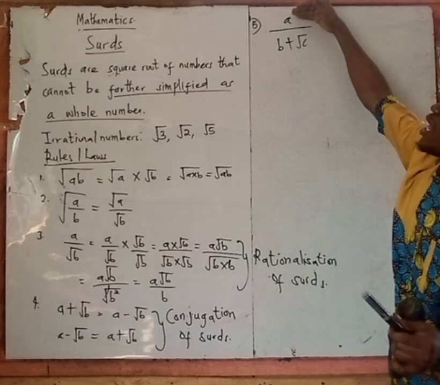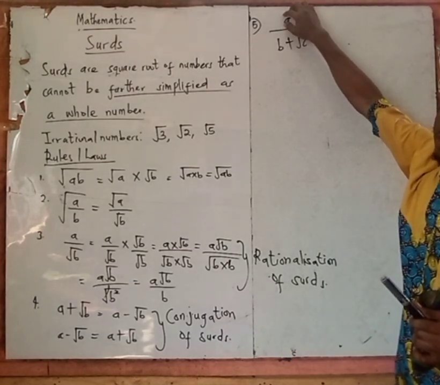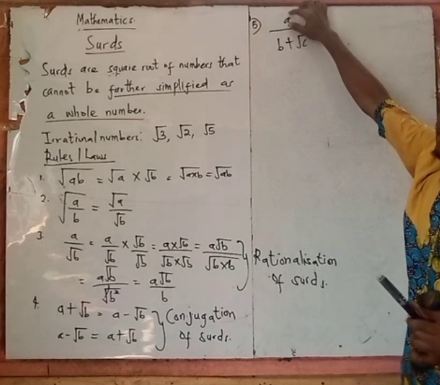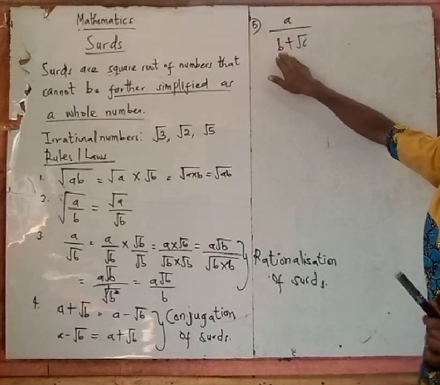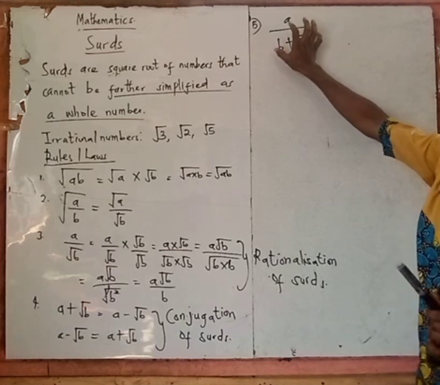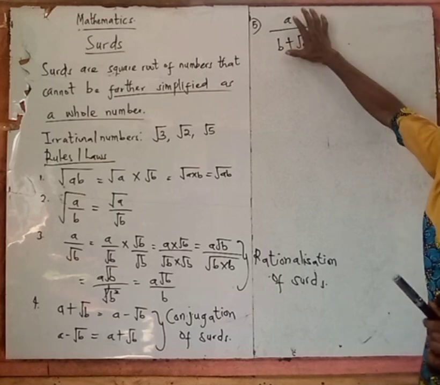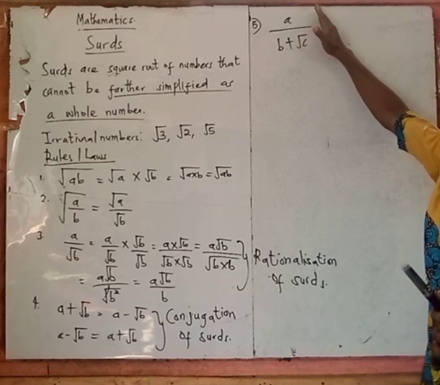In this case, the denominator you have is not even a form of the surd. It's just a normal, simple number, that is b, or a simple form. So b plus root c. You conjugate this b plus root c, and you will now rationalize it with this fraction.